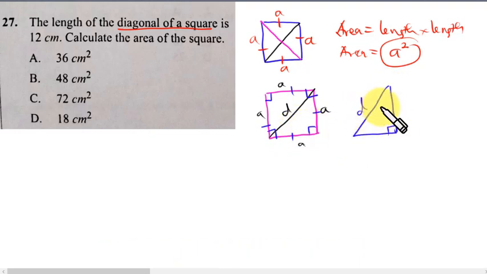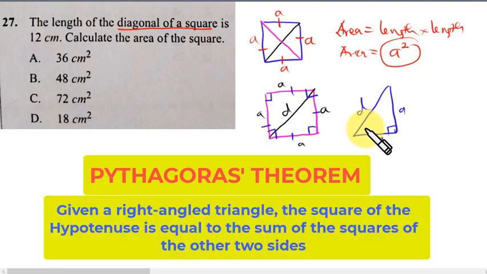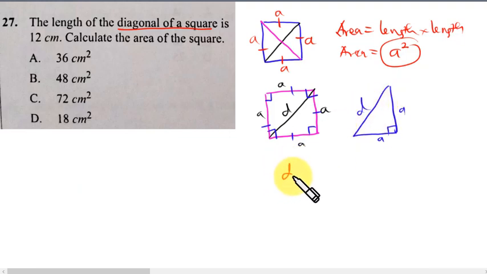So if here is D, here is A and A. And when we are talking about a right angle triangle and talking about just sides but not angles, we have to remind ourselves of Pythagoras theorem. It says that given a right angle triangle, the square of the hypotenuse is equal to the sum of the squares of the other two sides. So that means D squared is equal to the sum of the squares of these two sides.